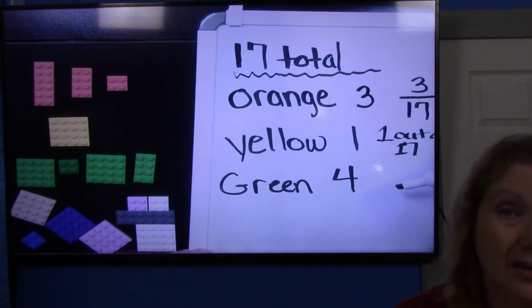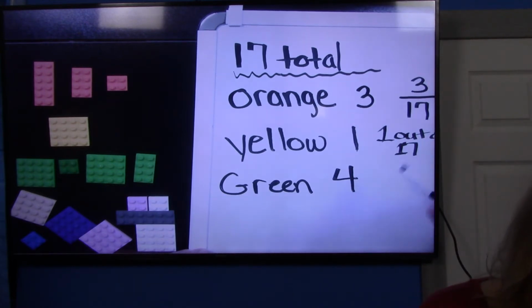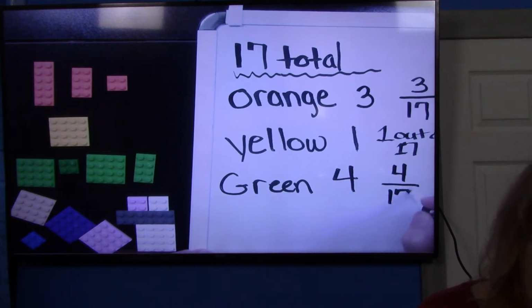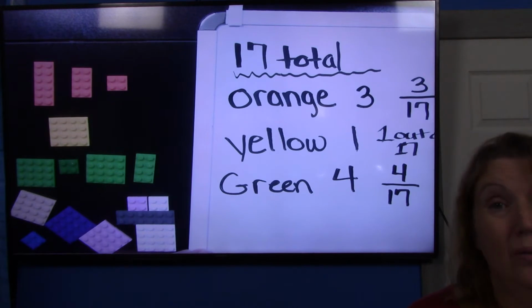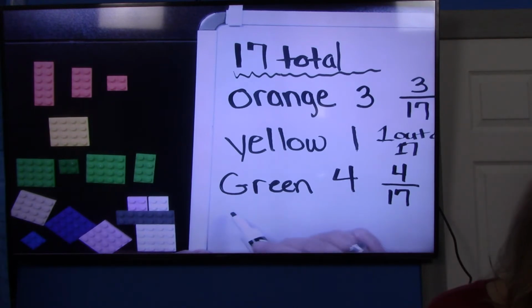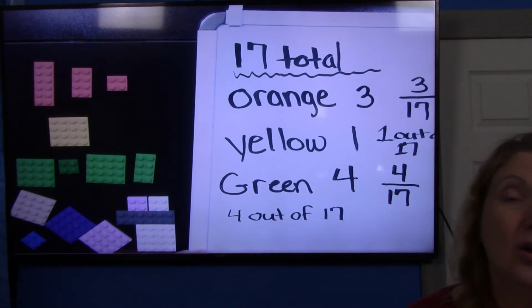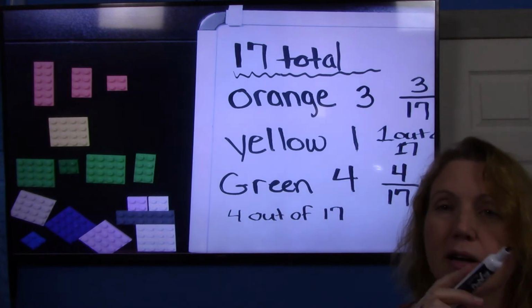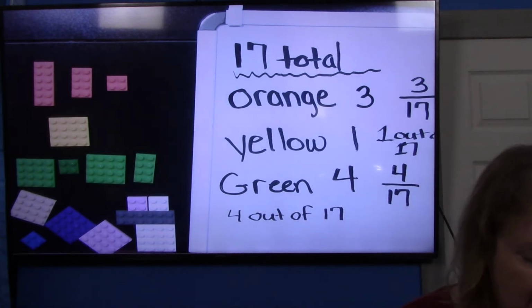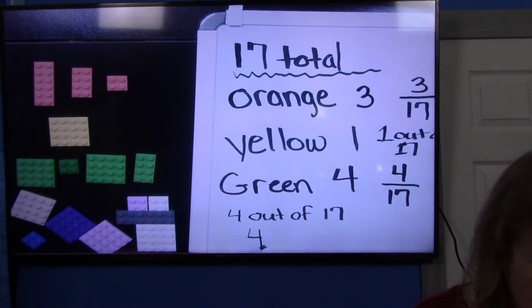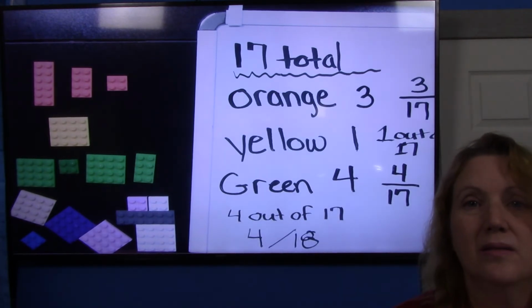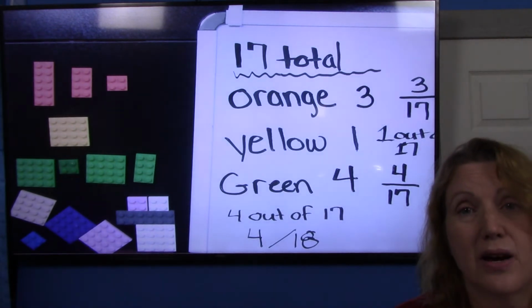Now my green Legos, 4 out of 17. Again, we could write that in words as 4 out of 17, or you can use the slash bar on your keyboard and write it like this. And that's also a way to write a fraction.